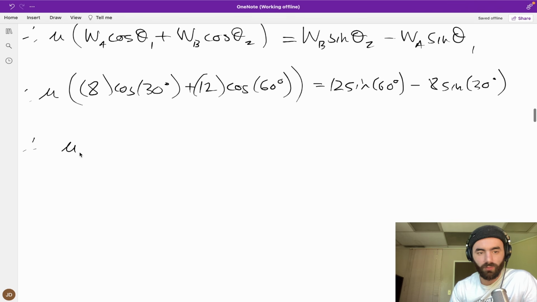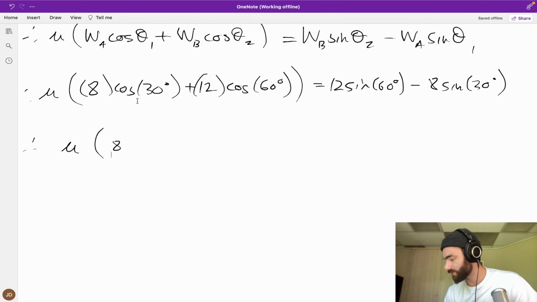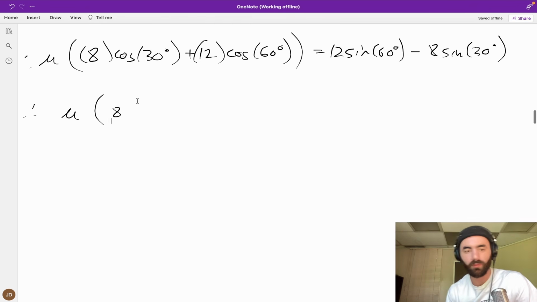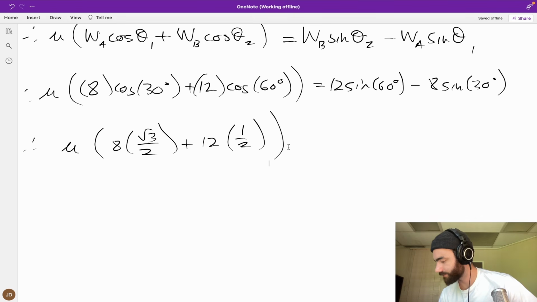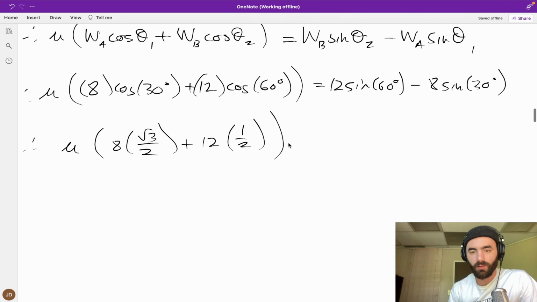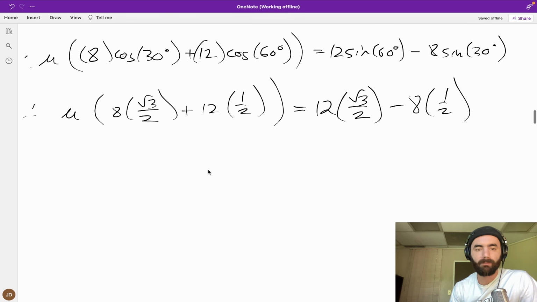Okay, so therefore we get mu times 8 cos of 30 over 2, so 8 square root 3 over 2 plus 12 times a half, equals 12 times square root 3 over 2 minus 8 times a half.